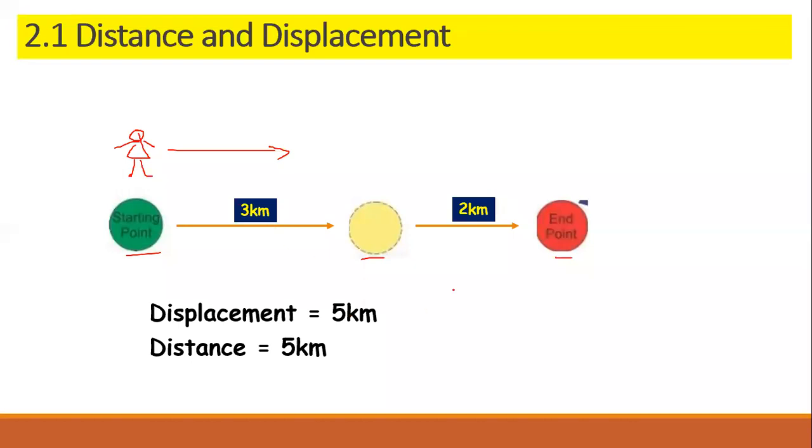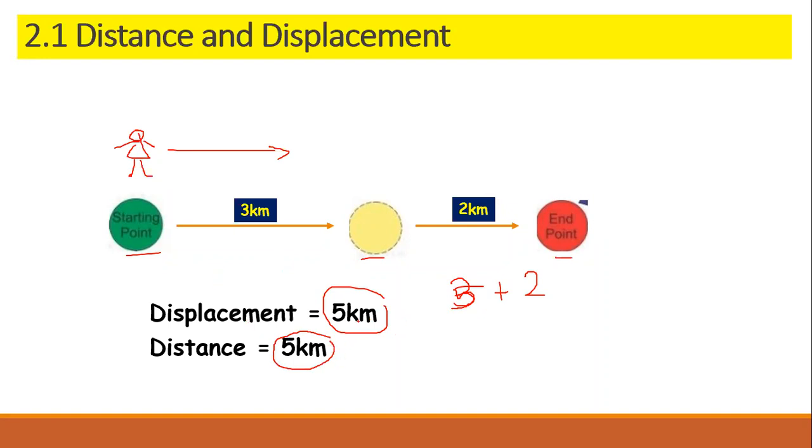It is just 3 plus 2. Total is 5 km. And if someone asks, what is the distance then? We have the same answer. Displacement is also a distance.